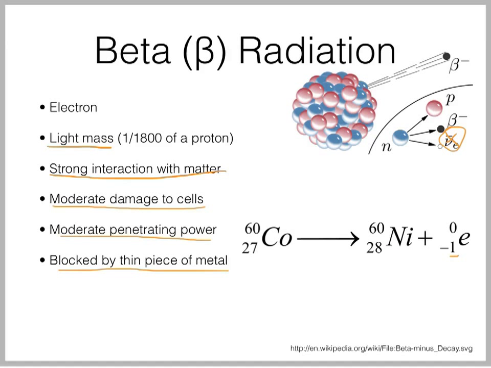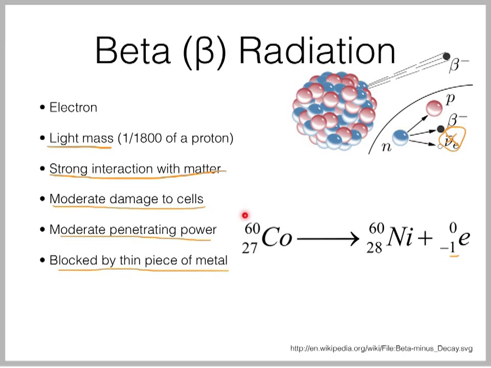And why does this happen? It happens again because I've got a neutron turning into a proton. So we have effectively a transmutation of an element. We're turning one element, cobalt, into another element, nickel, by removing a neutron, for want of a better term, and incorporating a proton. Neutron turns into a proton. So I've got one extra proton, so my atomic number goes up 1, from 27 to 28. The mass number doesn't change, because the mass number is the total number of protons and neutrons.